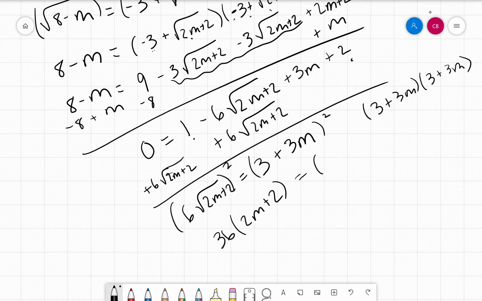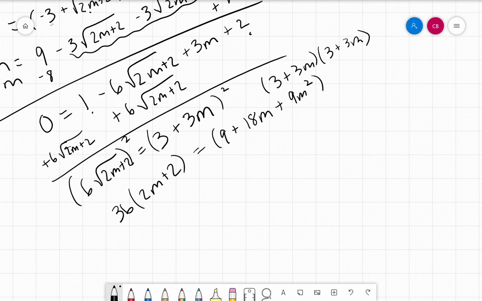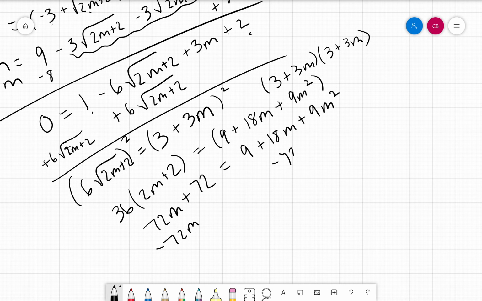This is going to give us 9 plus 3 times 3, 9, 18m squared. Okay, so this is going to give us 72m, 9 plus 18m, minus 72m, minus 72.